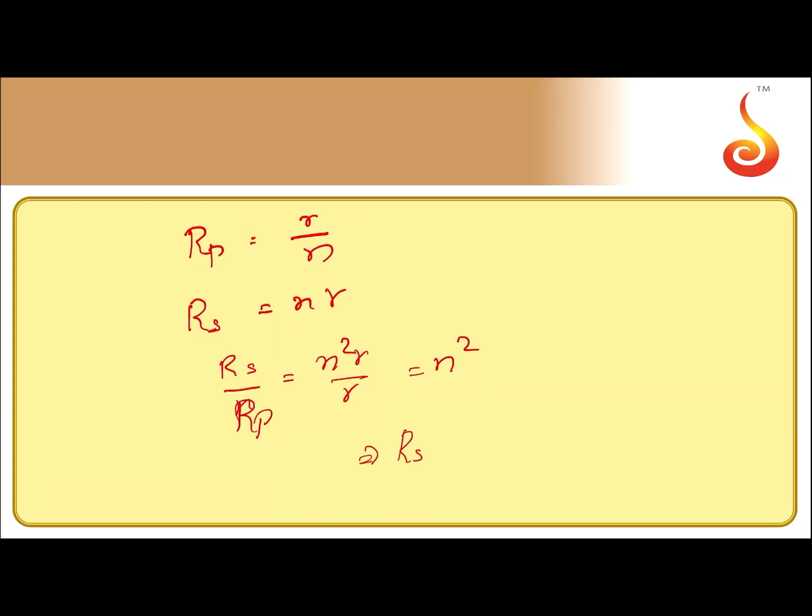So we can say in parallel the equivalent resistance is R divided by N, while in series combination this is NR. Rs divided by Rp is clearly N square R divided by R, or this is N square. So the resistance when connected in series is N square times that in parallel.